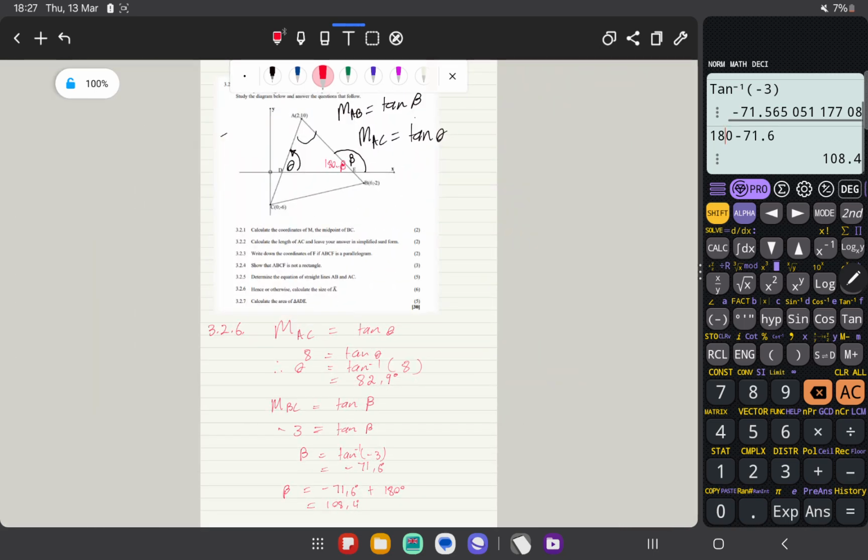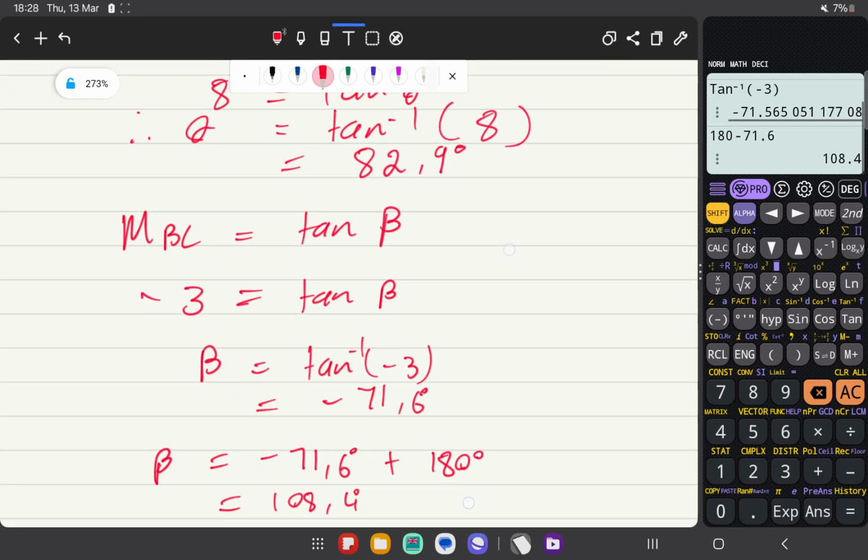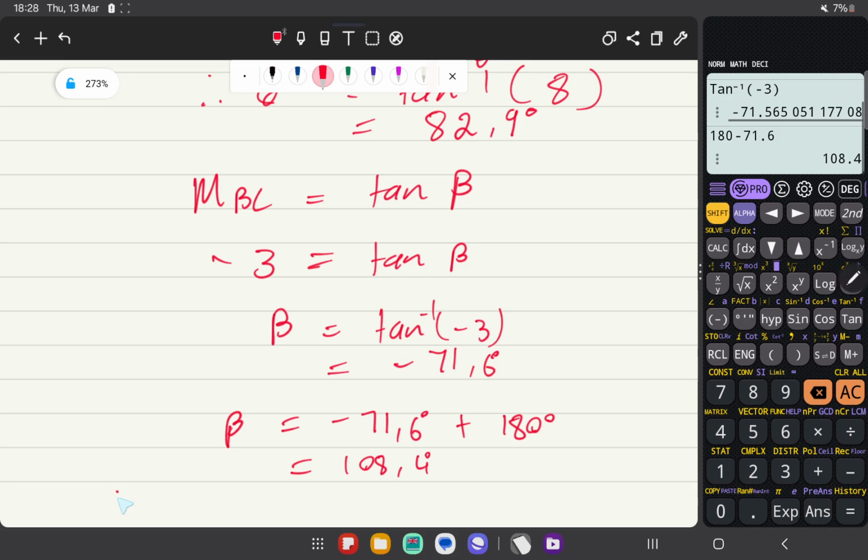Therefore angle AED is equal to 180 - 108.4 degrees, which is going to be 71.6 degrees.